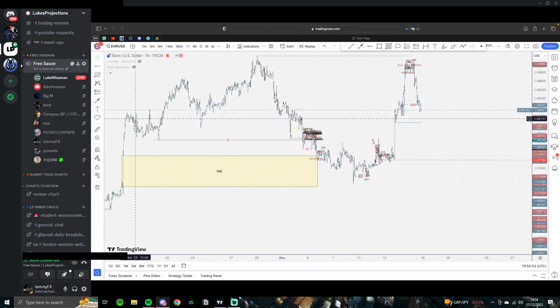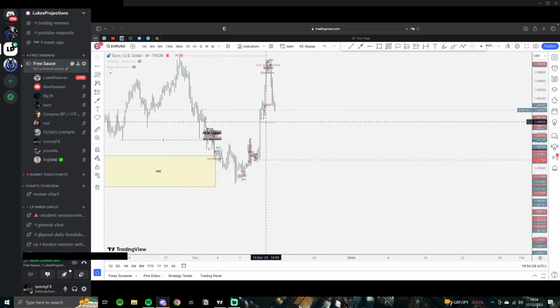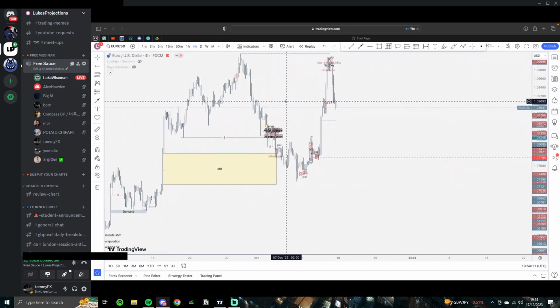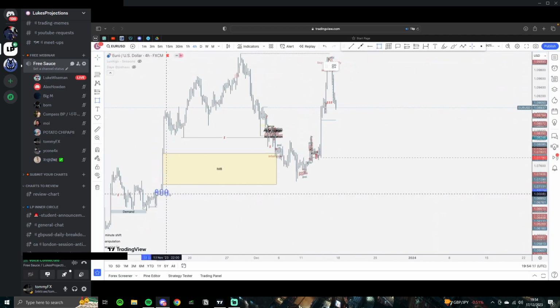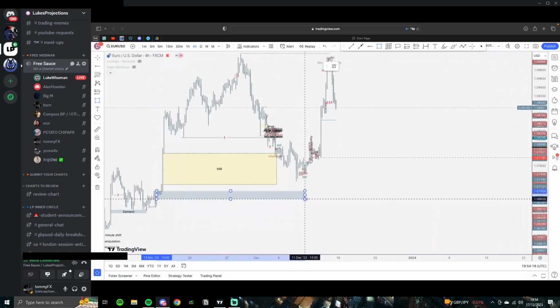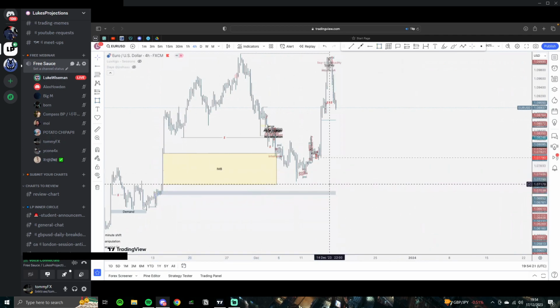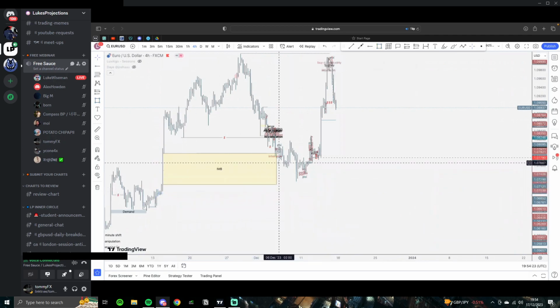If this was like a 5 minute price action, then potentially it would be different. But because we're on the 4 hour, I'm just going to be looking at the imbalance. Look, if we have a look at the 4 hour demand, right? Well, it has already been mitigated, but you know, I'm not going to be drawing that across, am I?